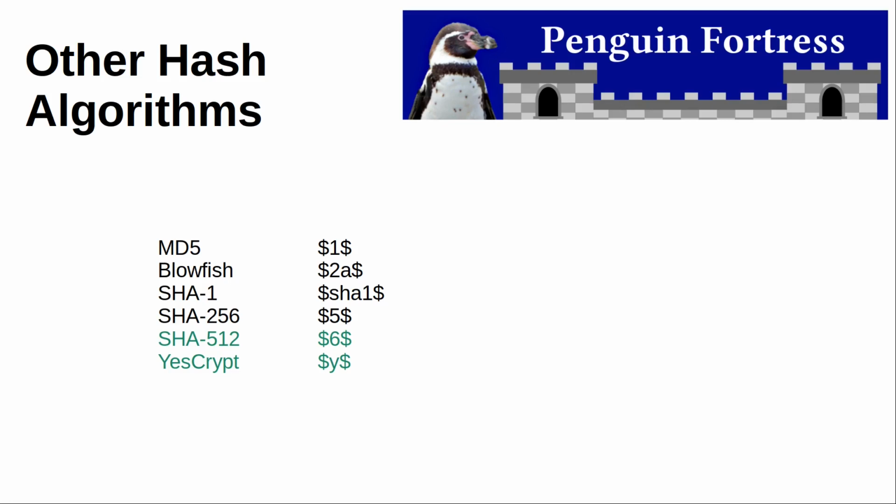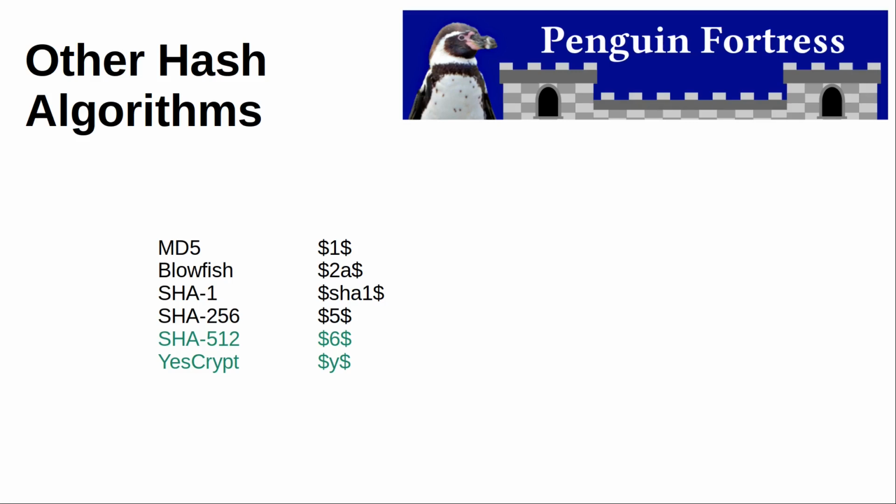This choice is normally made by your distribution, but if you have a choice of hashing algorithm, then I would recommend the two bottom ones, either the SHA-512 or YesCrypt. And those are the ones that are commonly used on most Linux systems.